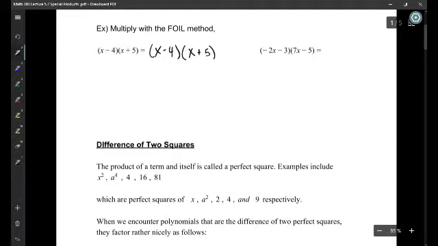And then we do our first multiplication. So that's x times x. We do our outside multiplication. X times 5, so plus 5x.